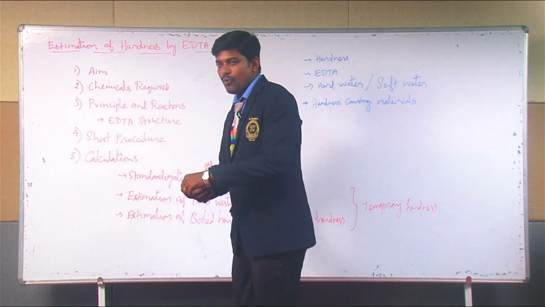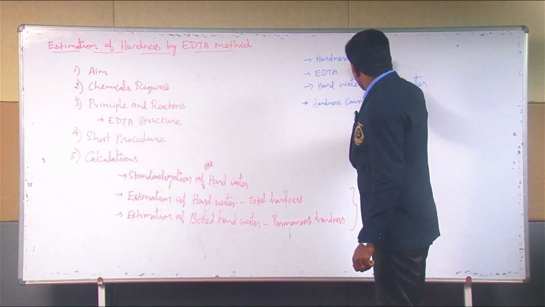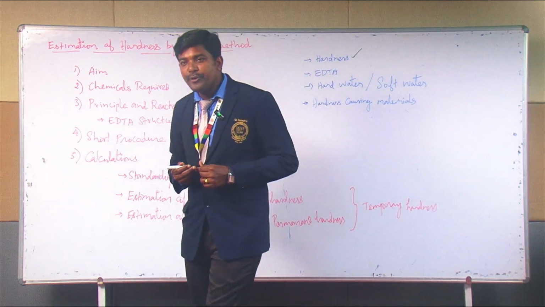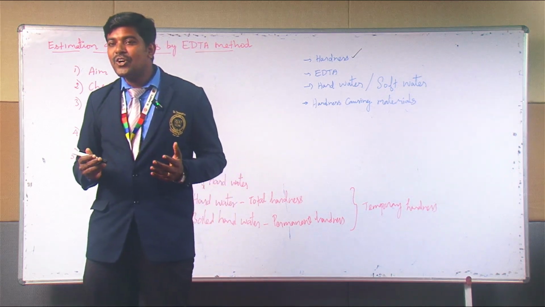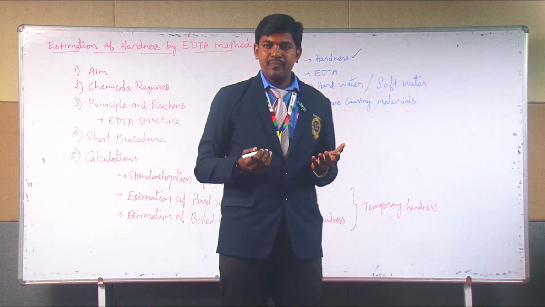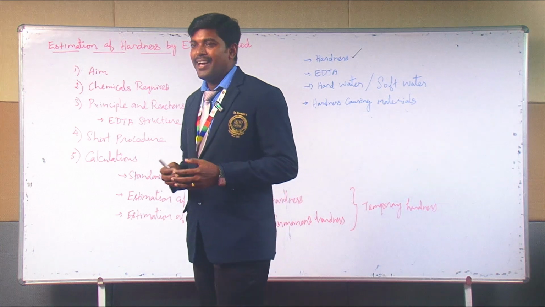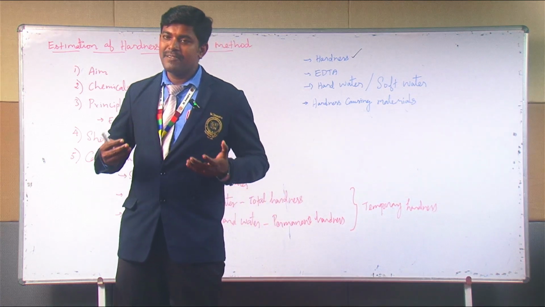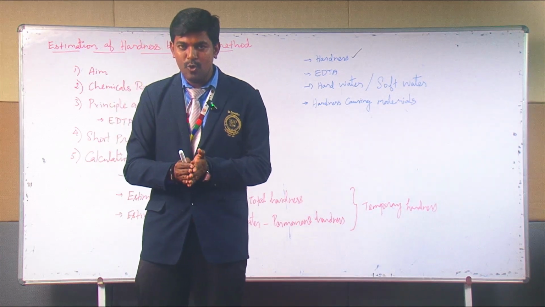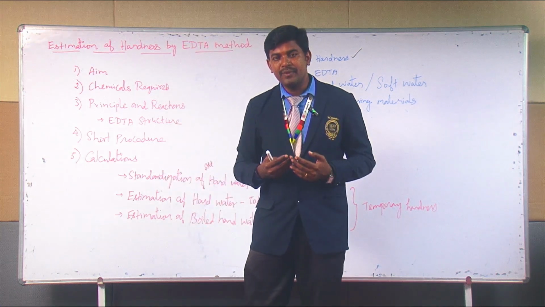Okay, let me see. The first one is hardness. Hardness is the property of water which does not lather with soap solution. Let us imagine you go to a beach and take a bath. After that, if you use soap to wash your hand in the seawater, what will happen?